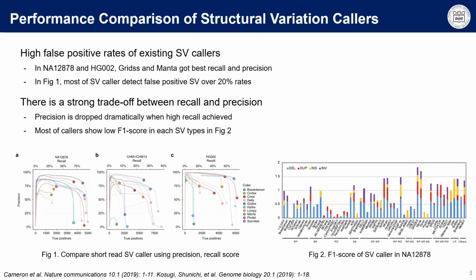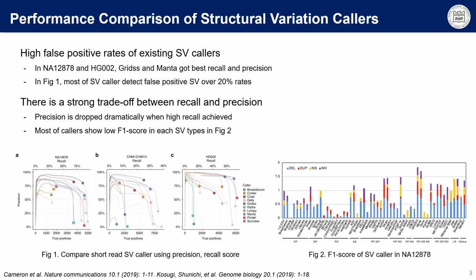In the study of Cameron, we could see the rates of false positive structural variations. The best score on the NA12878 is Gridss, which also has false discovery rates over 20%. Moreover, they tend to have a very strong trade-off between recall and precision, so precision dramatically drops when we try to get a high recall score.